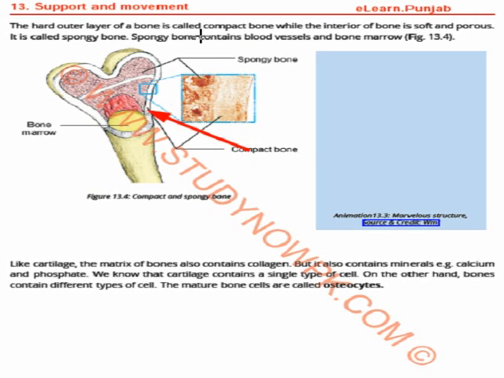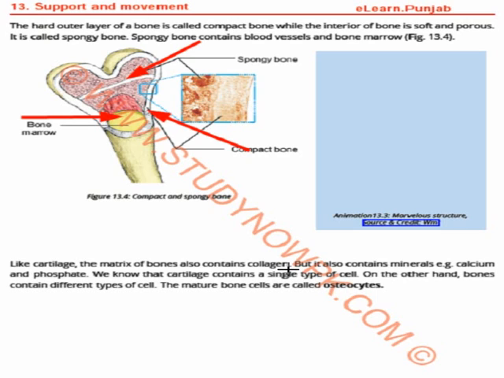After the compact bone comes the spongy bone, which is porous and soft also. Spongy bones contain blood vessels and bone marrow. This is the bone marrow, which the spongy part of the bone contains. Like cartilage, the matrix of bones also contains collagen.